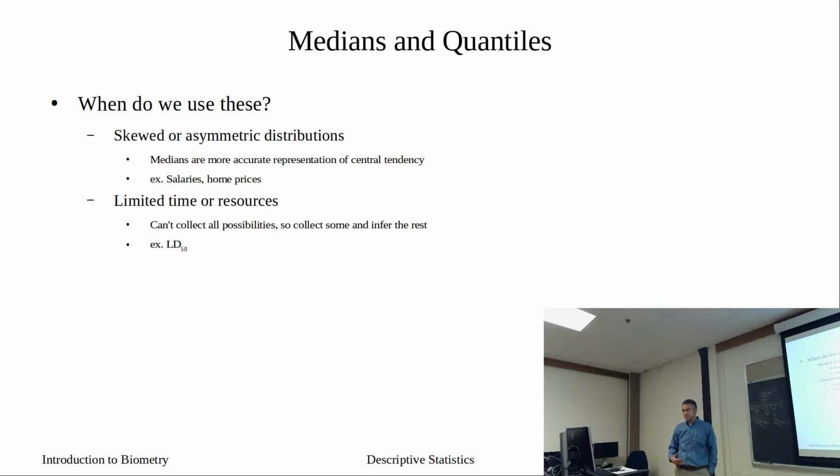So examples of these are home prices. You will see median home prices being reported. The reason for that is that we have a couple of houses that will sell for a whole lot of money, and that'll bring up the average. Around here in San Angelo, they may say the average sale price of a home could be, let's say, $250,000.